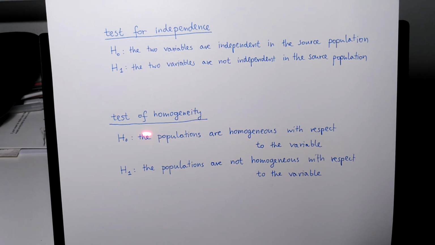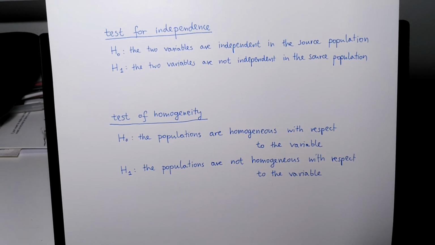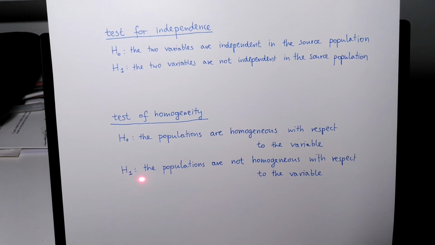In the test of homogeneity, the null hypothesis reads the populations are homogeneous with respect to the variable. That means that the distribution of this variable is the same in all populations. Now, the alternative hypothesis is that the populations are not homogeneous with respect to the variable, meaning that the distributions are different in these populations.